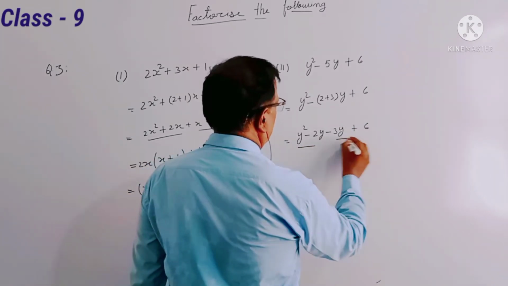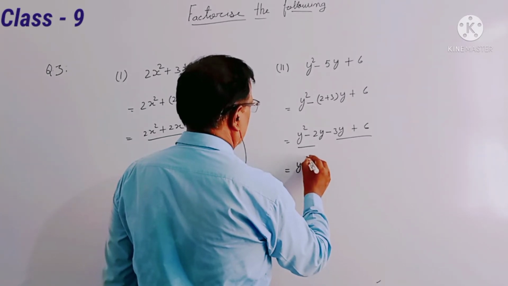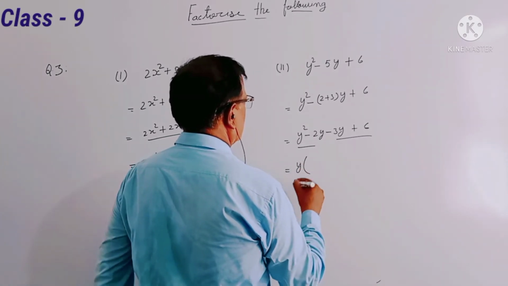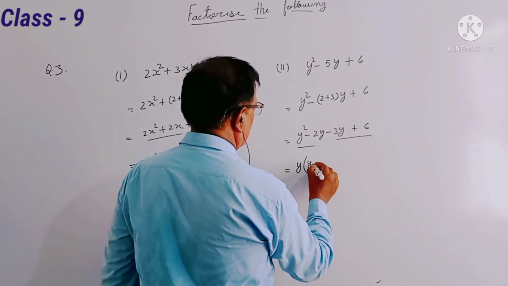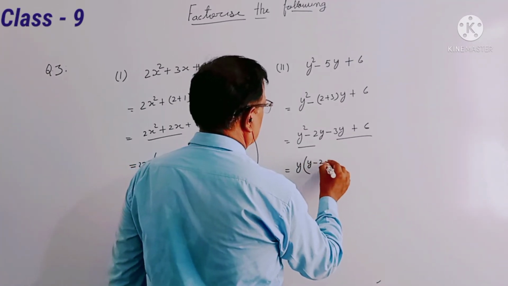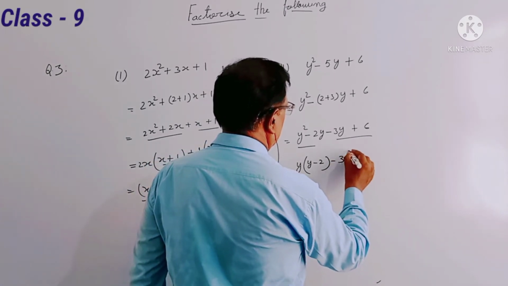Now we make the pair and take the common. We have taken y as a common and dividing by y, then we get here y minus 2. In the next bracket we have taken common 3.